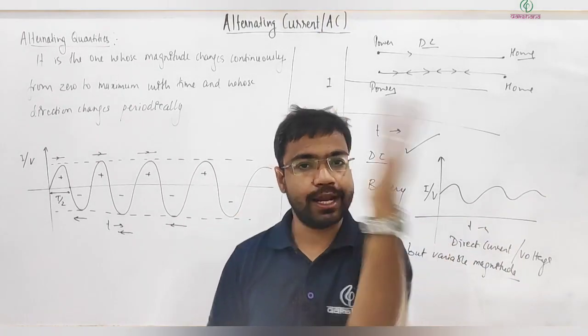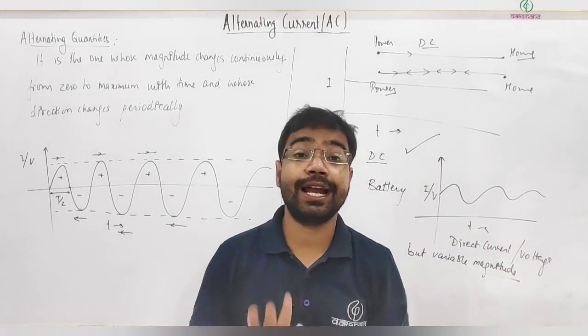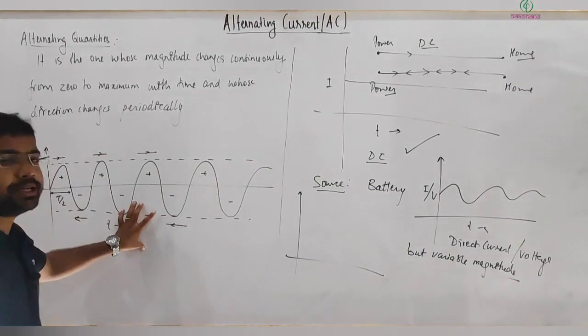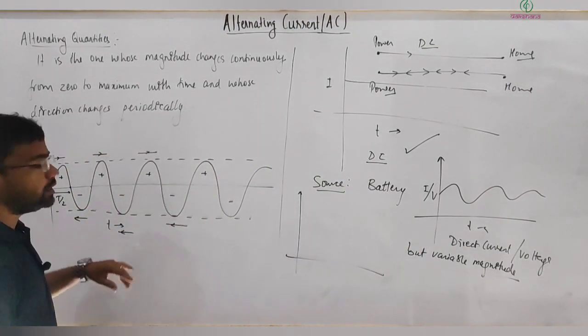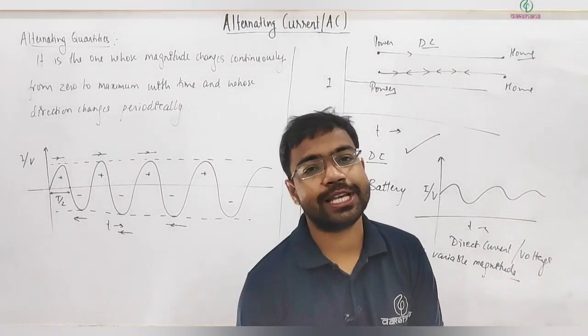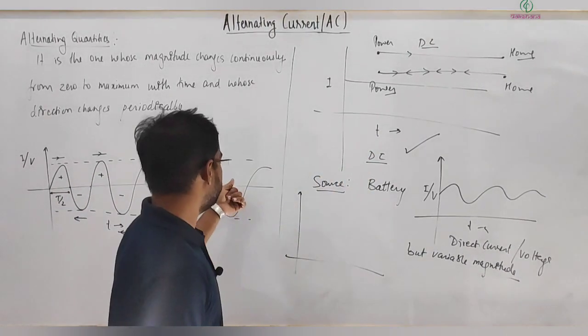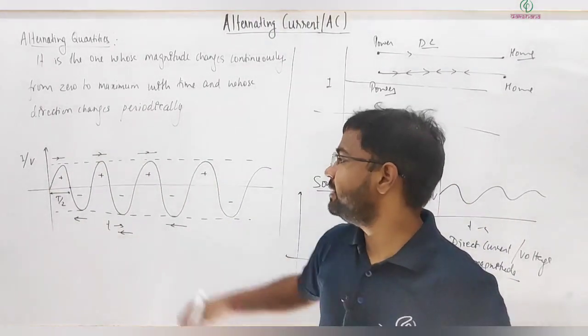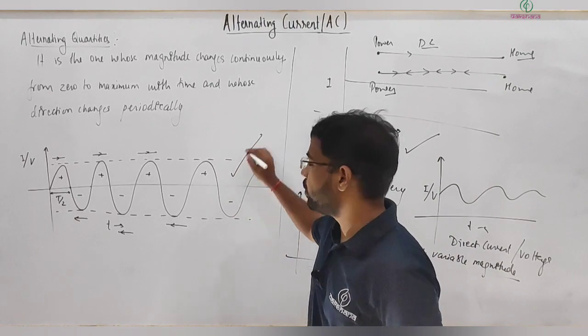First let's say right, then left, right, left, right, left. That is basically AC. This is one of the examples, and this is called sinusoidal AC because this can be expressed in either sine or cosine function. So this is most frequently used, easiest to generate, and we will in this chapter talk about mostly this type of AC.